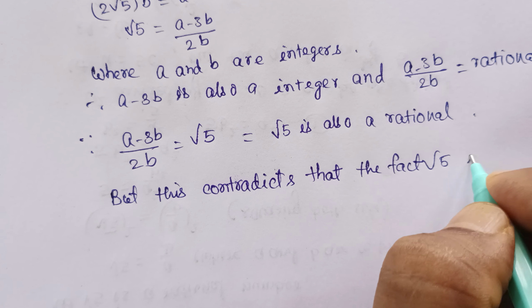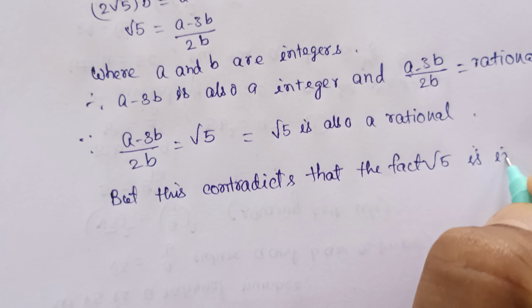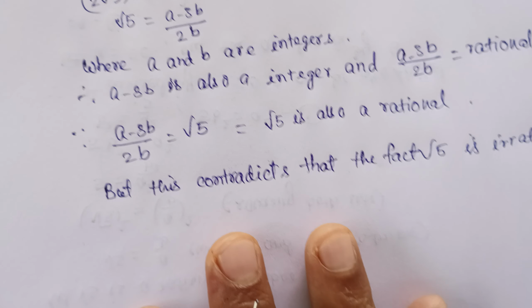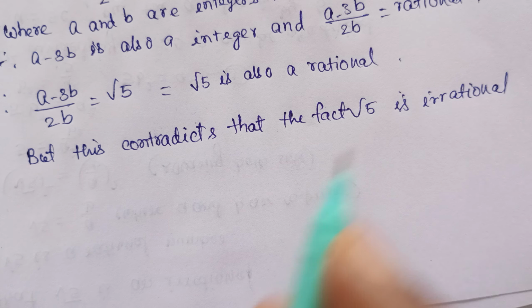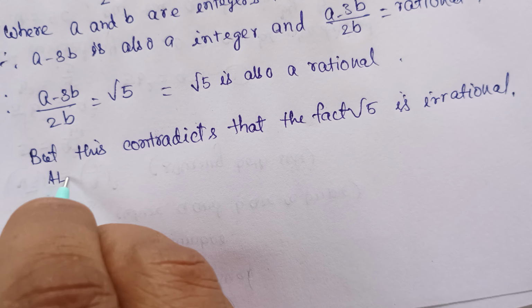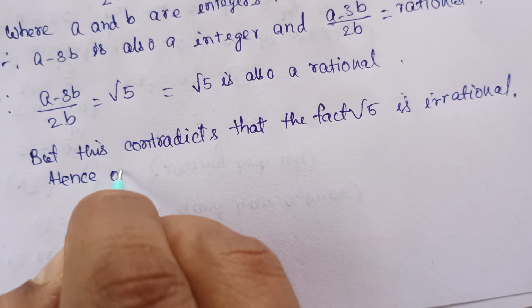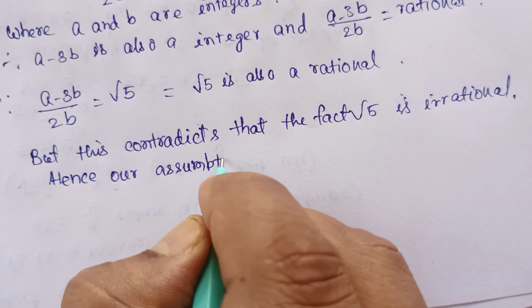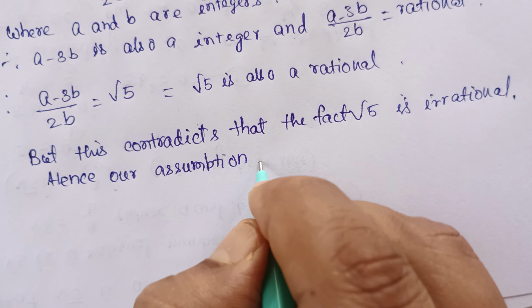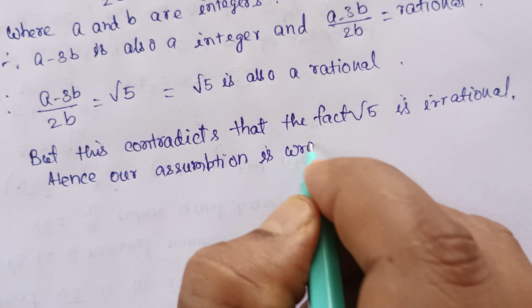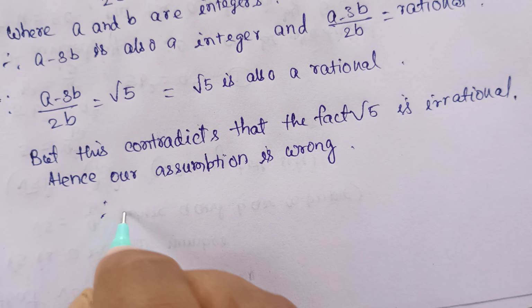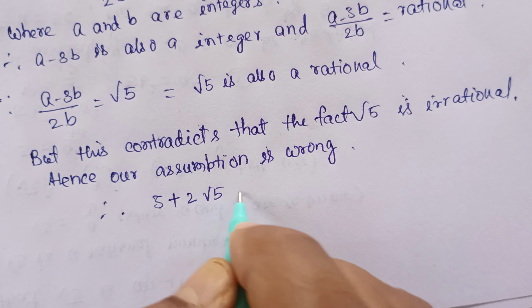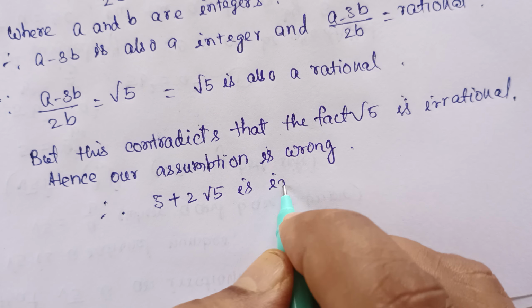Hence our assumption is wrong. Therefore, 3 plus 2 root 5 is irrational.